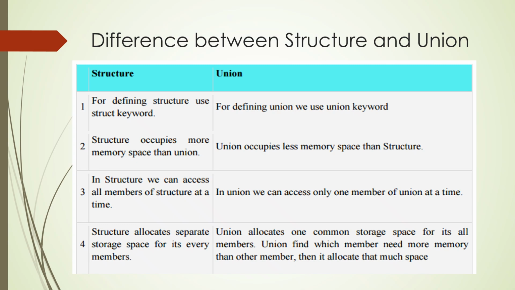Structures allow separate storage space for every member. A union allocates one common storage space for all its members. It finds which member needs more memory than the other members, and then allocates that much space. So if your goal is to store multiple values simultaneously, structures are better. If your goal is to optimize memory usage, unions are the better choice.